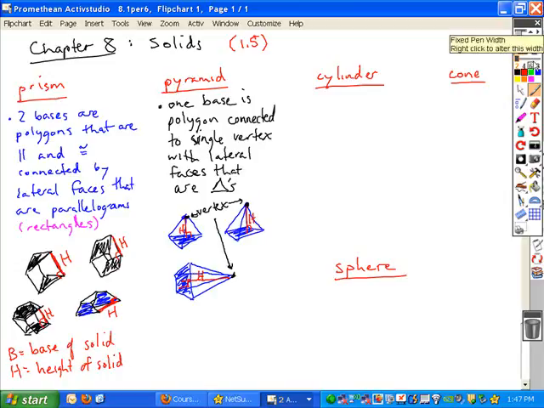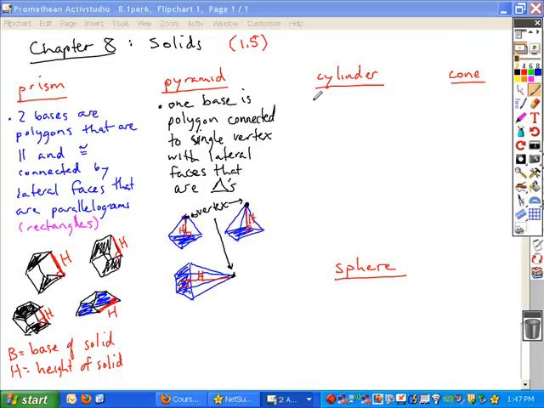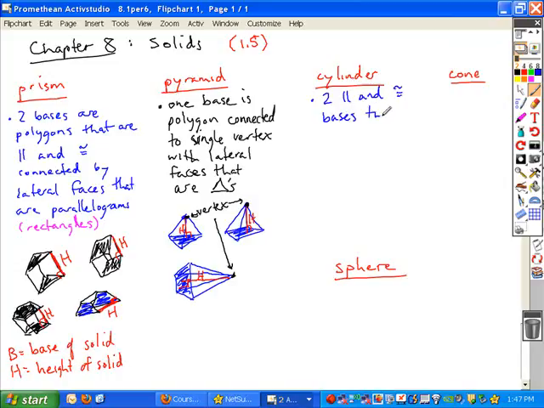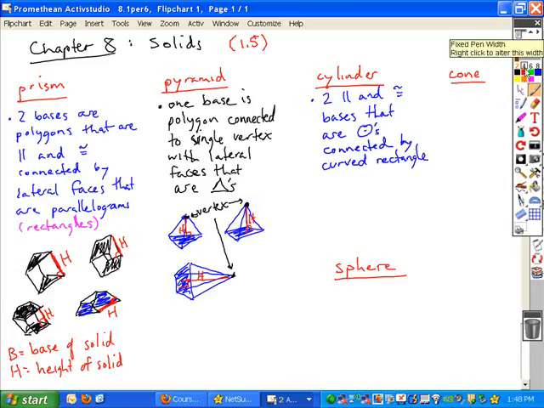Okay. As far as a cylinder goes, what shape is the base of a cylinder? It's two parallel and congruent bases that are circles. And these are connected by a curved rectangle. Remember, when we looked at these before, you have your circular bases.